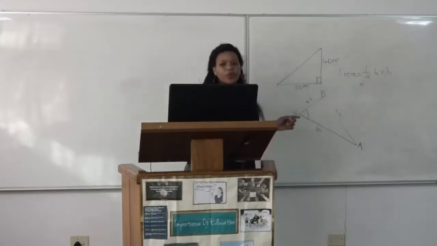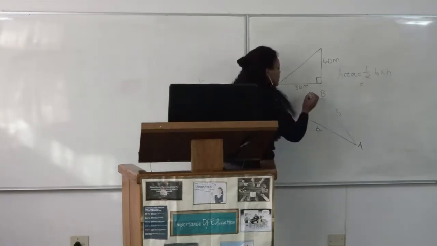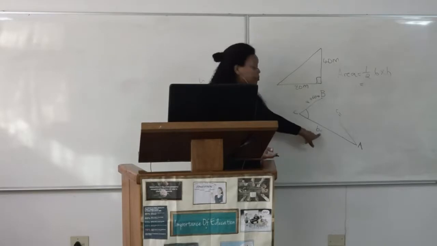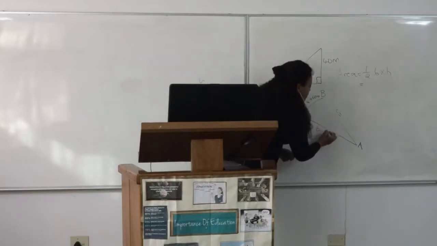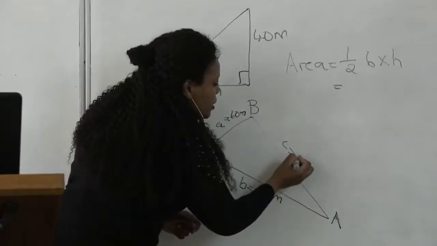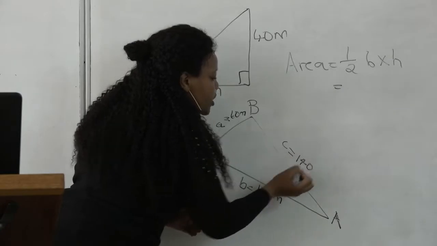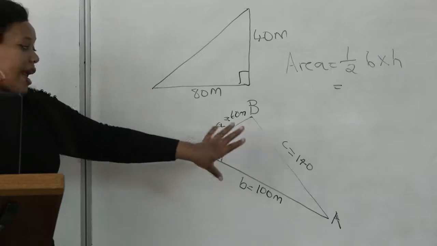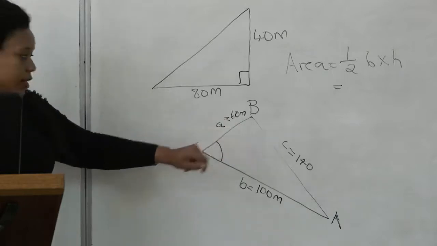Our first side, we were told, is 60 meters, and b is 100 meters, and c is 140 meters. Okay, so now you have your rough sketch of the triangle.